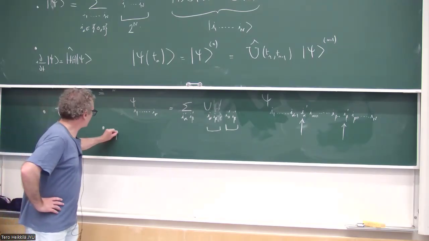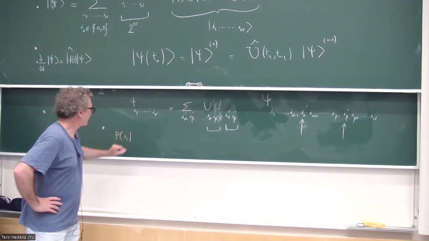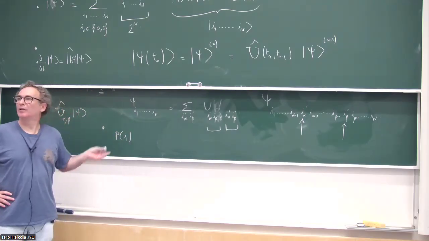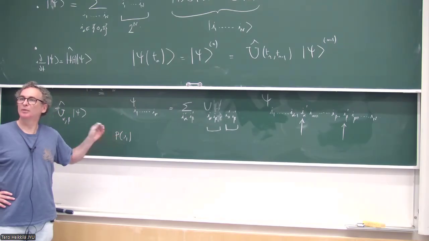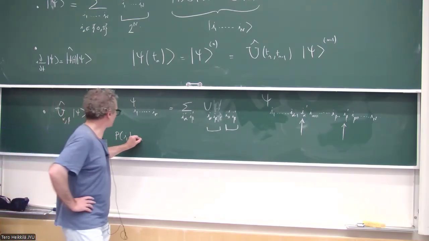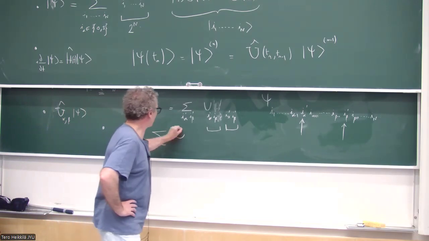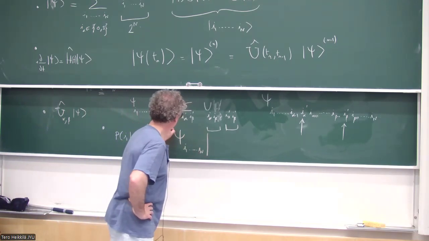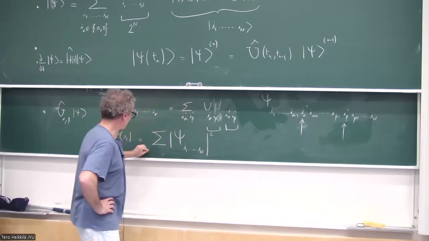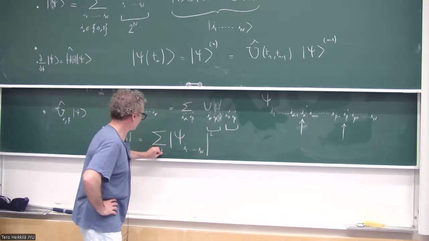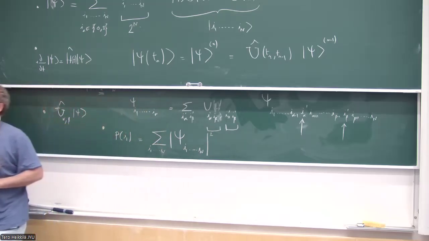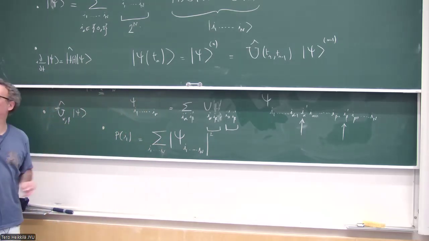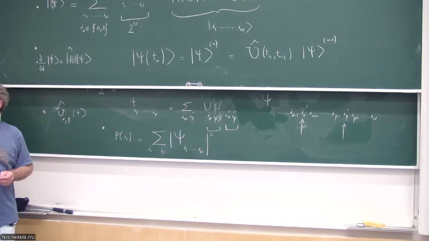You have a probability to get qubit 1 equal to 0 or qubit 1 equal to 1, which is equal to the square of the wave function, and you sum over all the other qubits. The probability to find qubit 1 in a given state is as you learned it in Quantum Mechanics 101, a bit generalized.